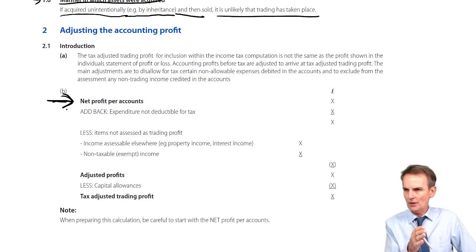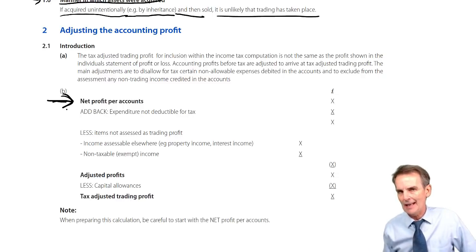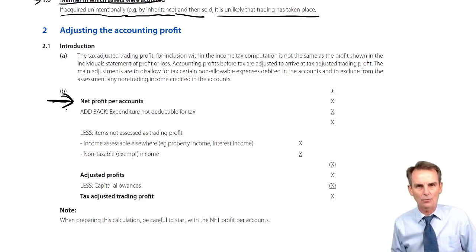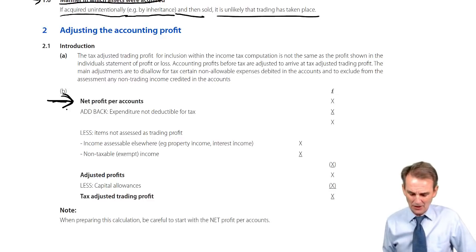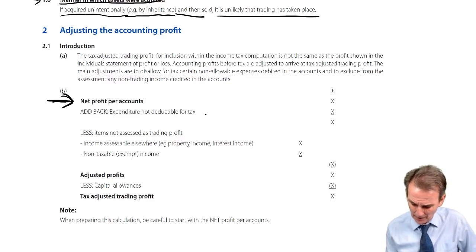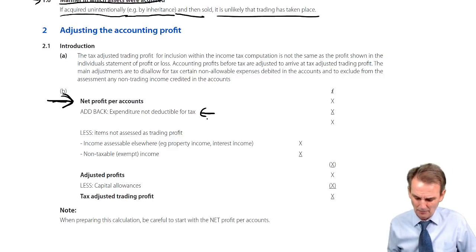And any expenses that have served to reduce that accounting net profit that are in fact not allowable for taxation, and therefore should not have been deducted in deriving a taxable trading profit, what do we do with them? We add them back. So the main area is that we add back the expenditure that is not deductible for tax, the non-allowable expenses.